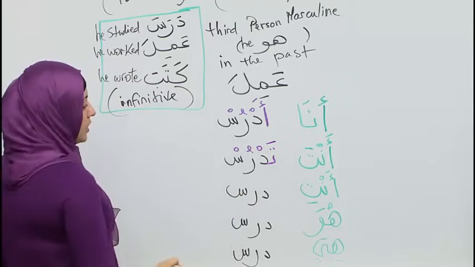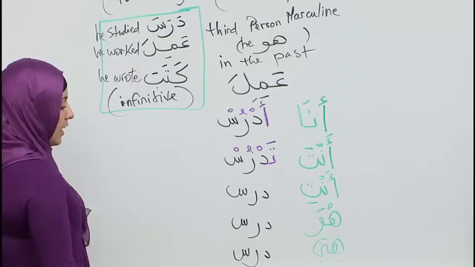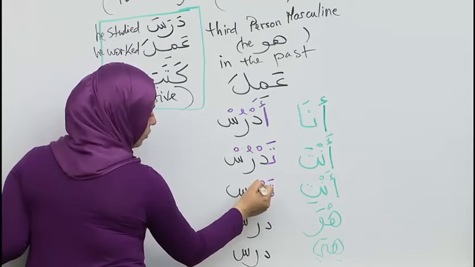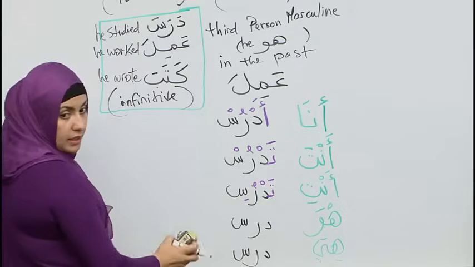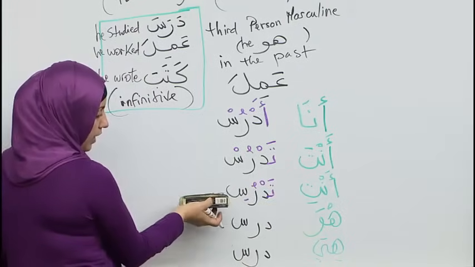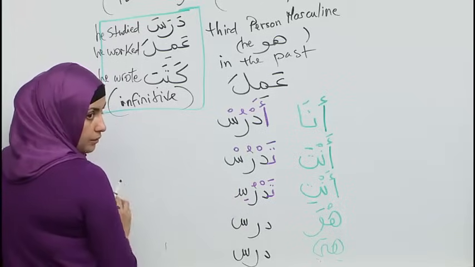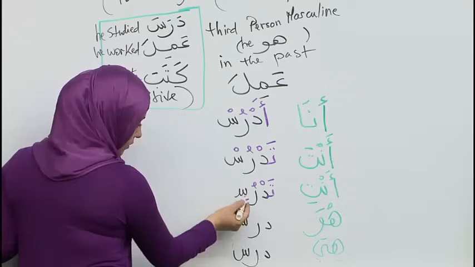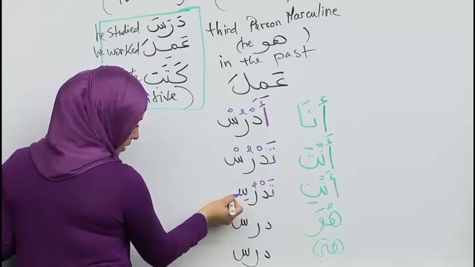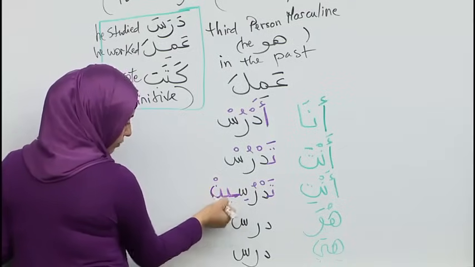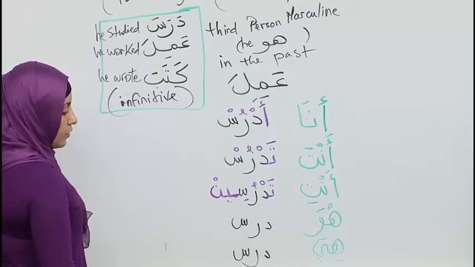Tadrus. Anti. Tadrusin. Look what's going to happen to anti. See the tail of sin? We drop it because sin is going to become medial, and we're going to add a long vowel and nun.